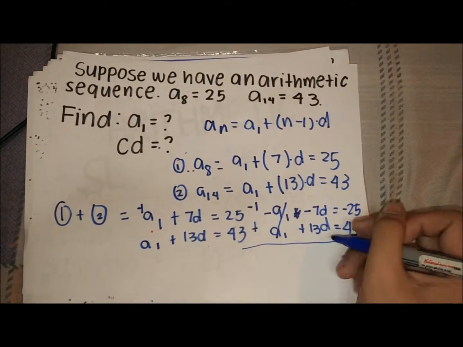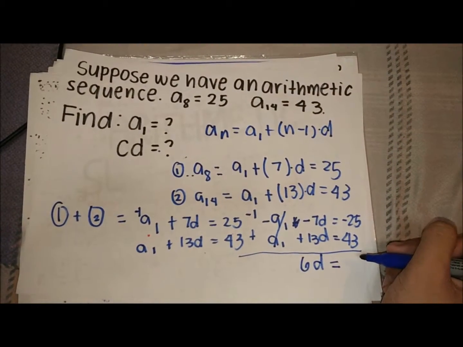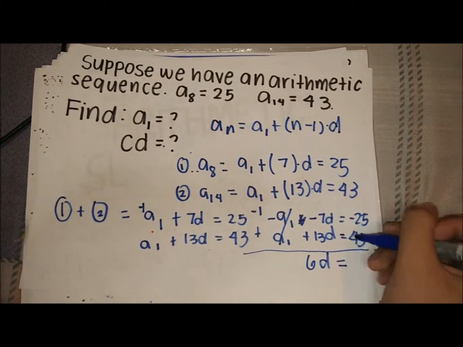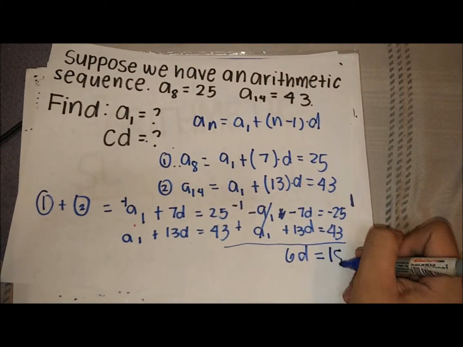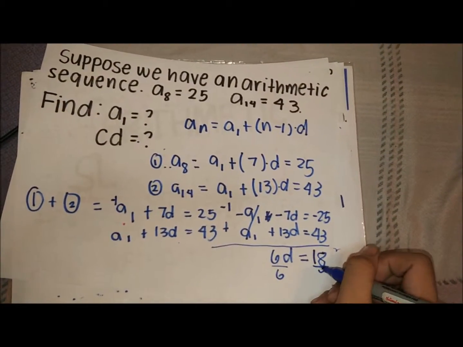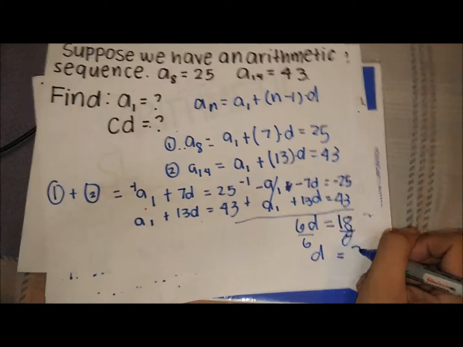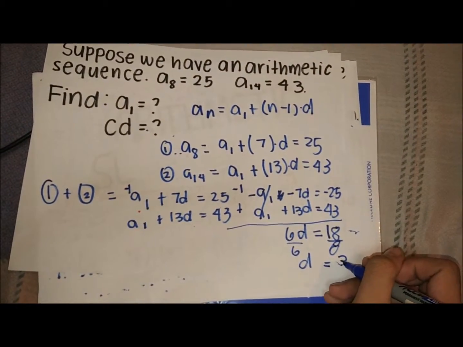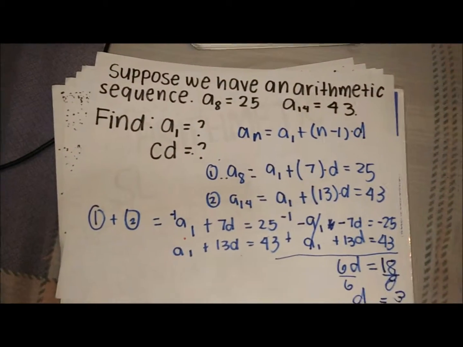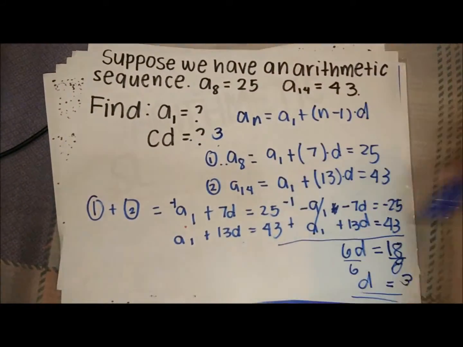Okay. So this will result to 6d is equal to 43 minus 25, which is 18. Divide both sides by 6 and you get d is equal to 3. So we have the first answer, which is 3.